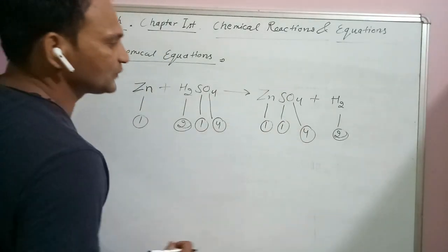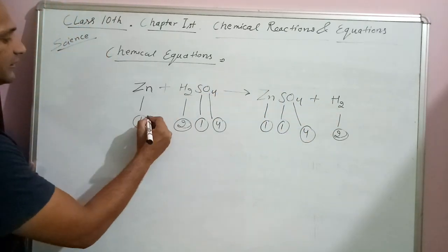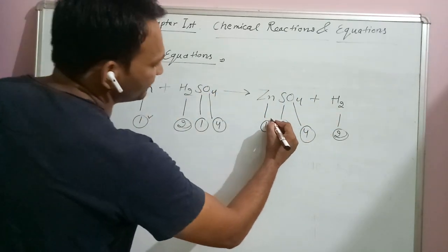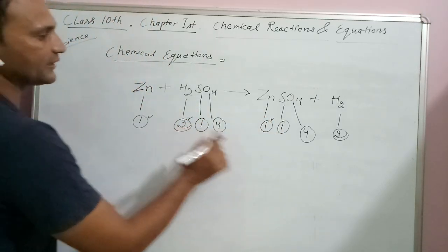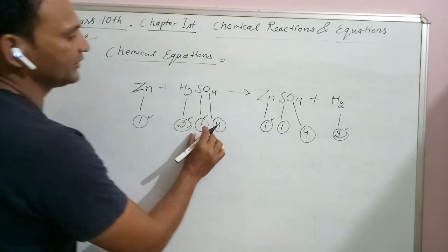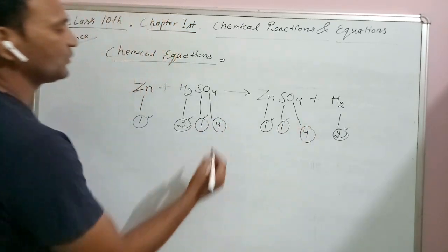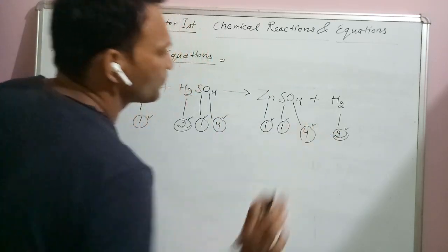Now compare the number of atoms present in the reactant and in the product. Zinc in reactant 1 and in product also 1. Hydrogen 2 in reactant and 2 in product. Sulfur 1 in reactant and 1 in product. Oxygen 4 in reactant and 4 in product.